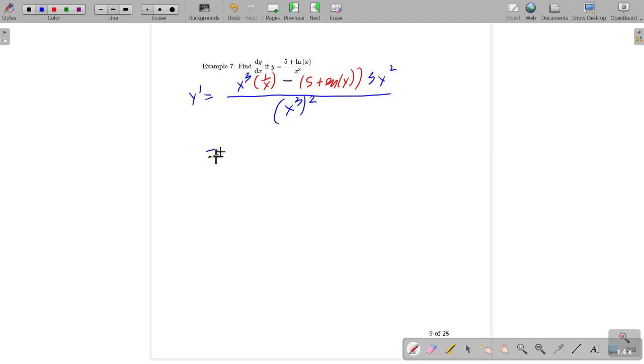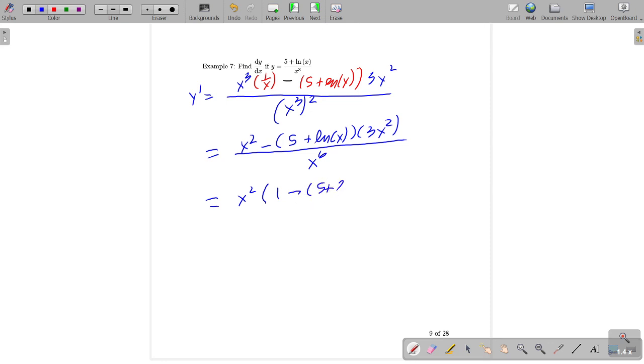So if I simplify this a little bit, I have x squared times 1 over x minus 5 plus natural log of x times 3x squared over x to the 6th, which is x squared times 1 minus 5 plus natural log of x times 3.